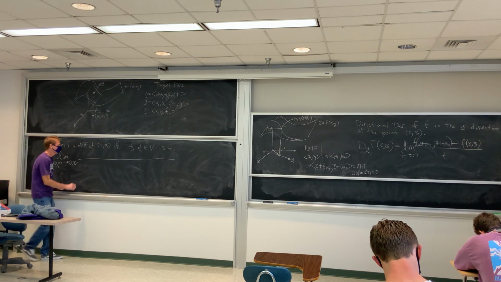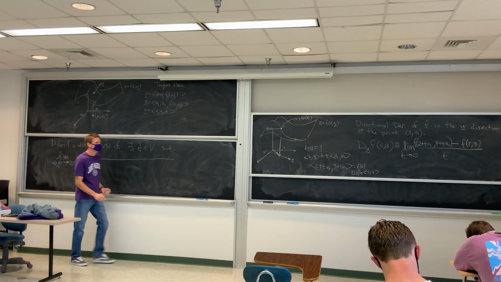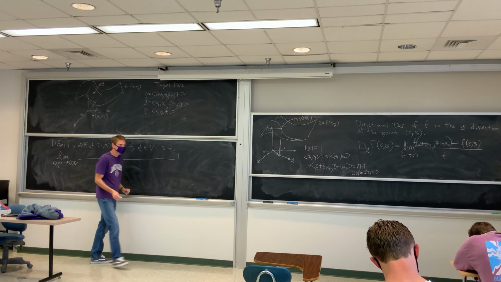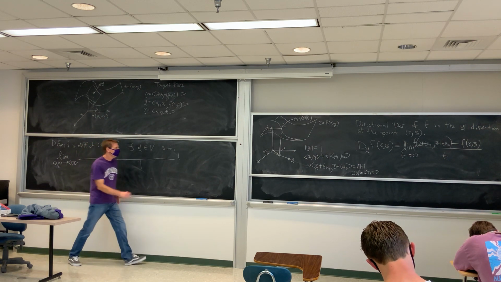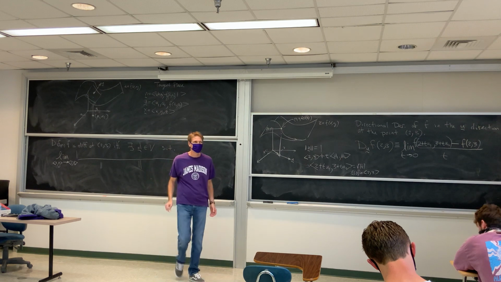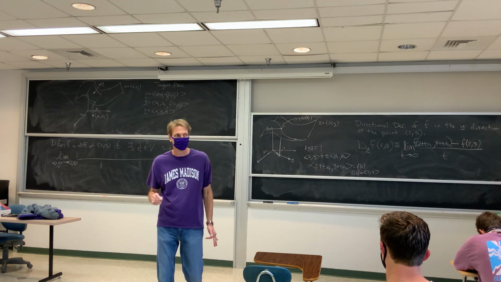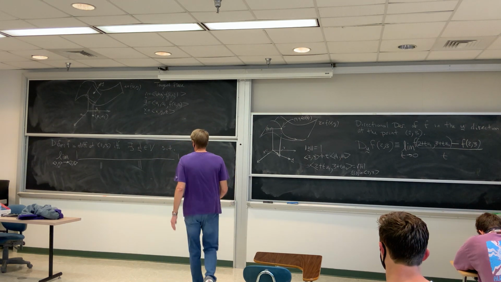And I'll help you out. There's an absolute value in the numerator and a norm in the denominator. And does anybody remember what the limit went to? Does anybody remember what the limit went to? 0.